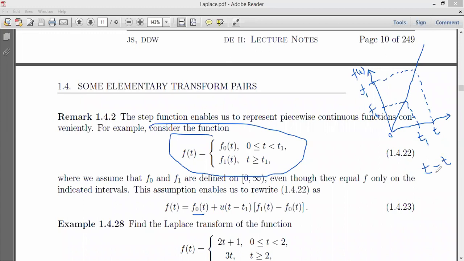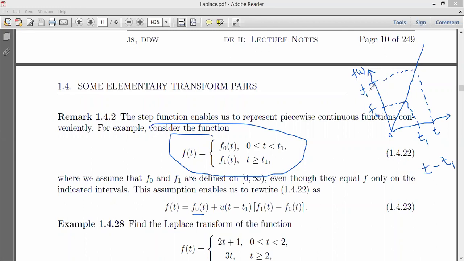Okay. So if it is t minus t1, you need to cancel this out. Okay. So if it is t minus t1, that is from here up to here, then with respect to the function here, you actually have f1. Of course, f1 is a function of t.